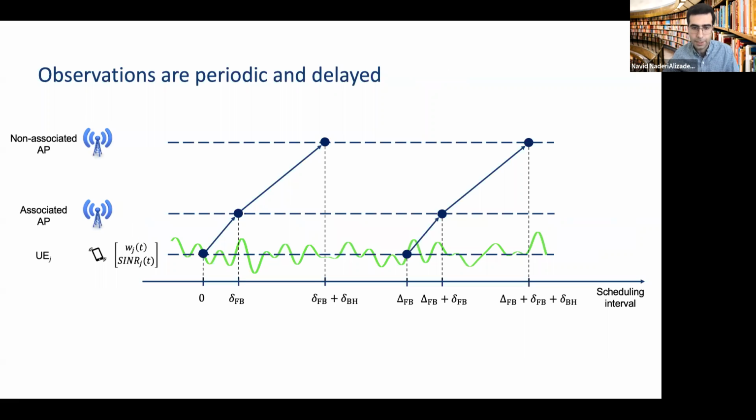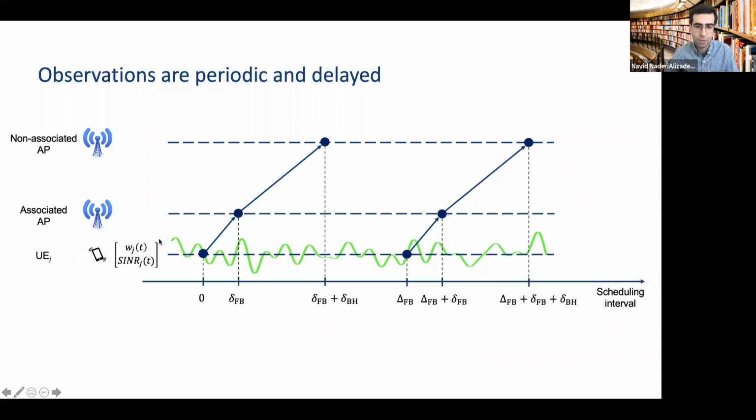I mentioned the observations that are fed back to the agents. Typically in reinforcement learning research, the agents have access to observations at each time step. But we're talking about a wireless network, so we need to take care of some practicalities. We're assuming that the observations are going to be undersampled.